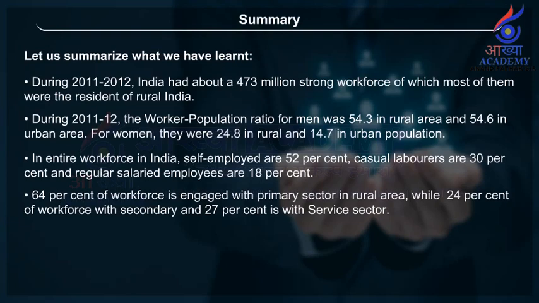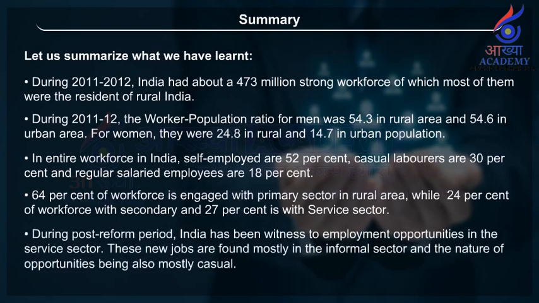64% of the workforce is engaged in the primary sector in rural areas, while 24% is in the secondary and 27% in the service sector. During the post-reform period, India has witnessed employment opportunities in the service sector.